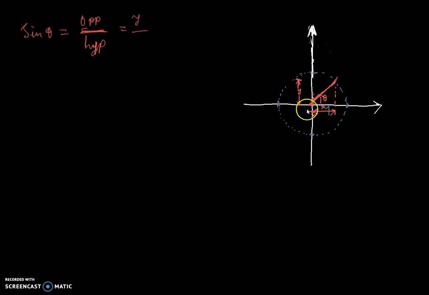Your hypotenuse is r, whose value is always 1 because the radius of this circle is always 1. So it's basically y.